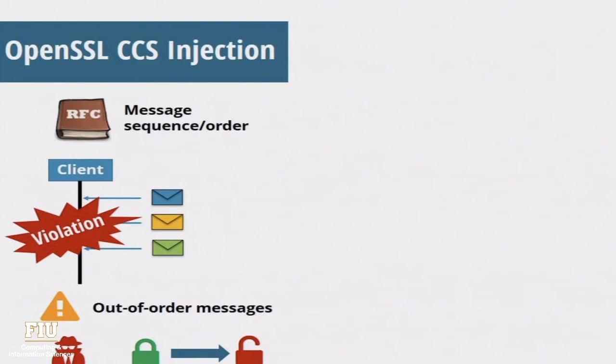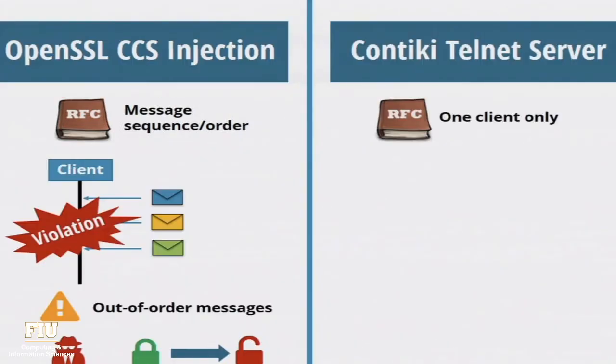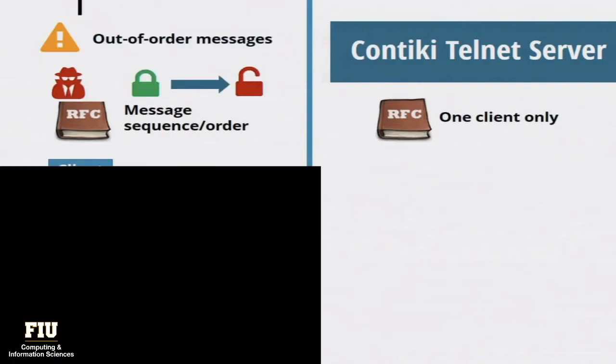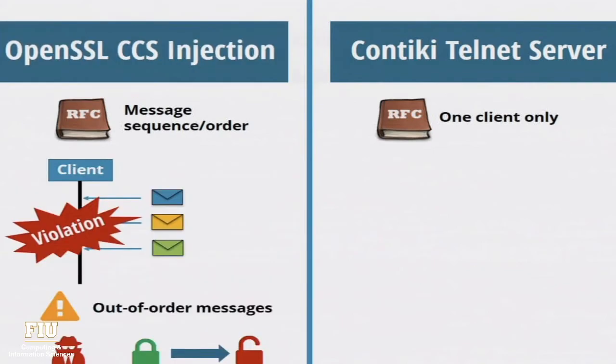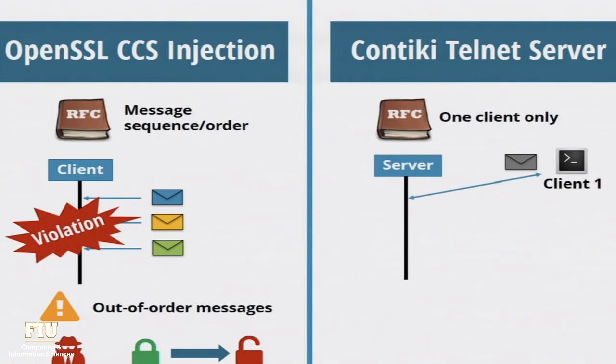Similarly, another bug is in a Telnet server, which is the implementation for IoT devices. Their RFC says that they typically have a stripped-down version of this implementation. So they implemented that server so that it only handles one client at a time. That was their specification: only one client at a time. So when the server is connected with one client, it should not accept any new clients.